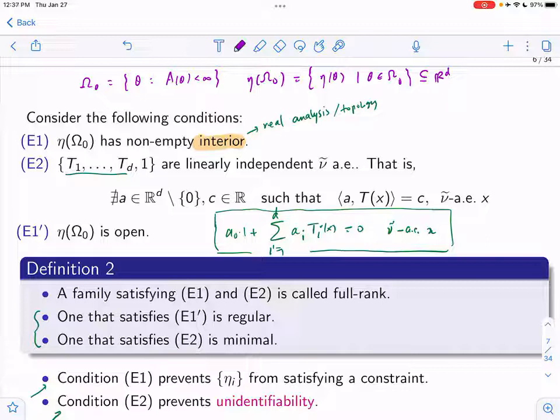So did you guys get a chance to recall or review what an interior is? So what do we mean by a non-empty interior? Anyone? Union of all open sets of a set.